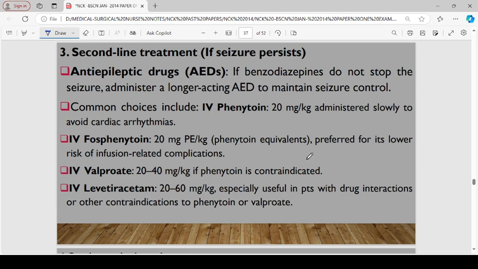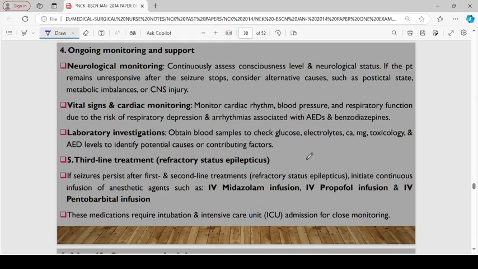We can also use sodium valproate, that is between 20 to 40 milligrams per kg if phenytoin is contraindicated. And also IV levetiracetam, 20 to 60 milligrams per kg, especially useful in patients with drug interactions or other contraindications to phenytoin or sodium valproate. For the ongoing monitoring, you can do neurological monitoring, vital signs and cardiac monitoring, laboratory investigations.